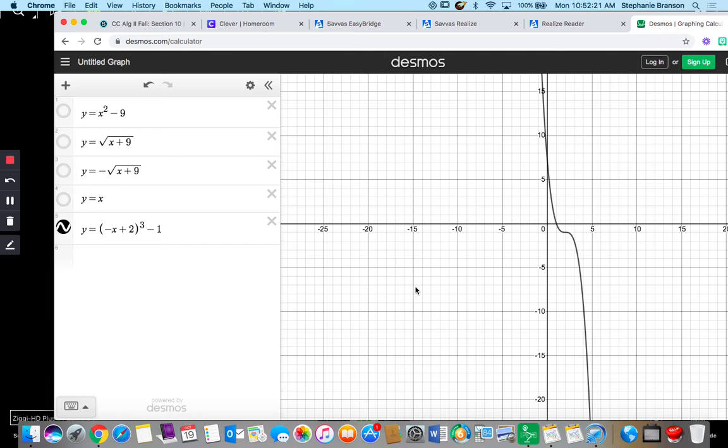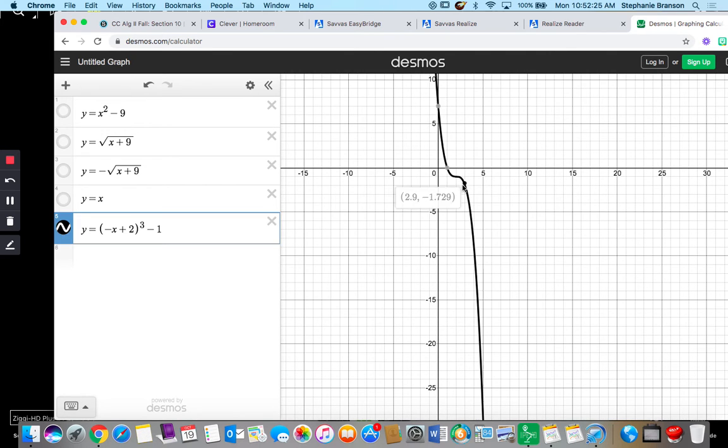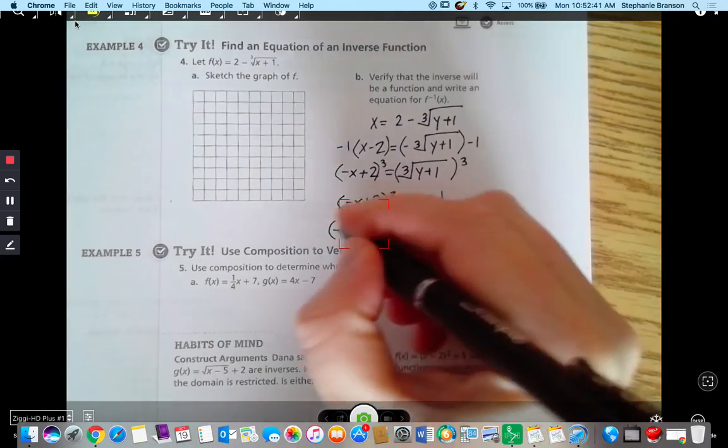Is that a function? Yes, it would be a function that passes our vertical line test. It doesn't look like it necessarily, but these x values are all different. They're just all very, very close, okay? They never are the same exact number. So yes, it is a function. We're going to put our little negative 1 up here.